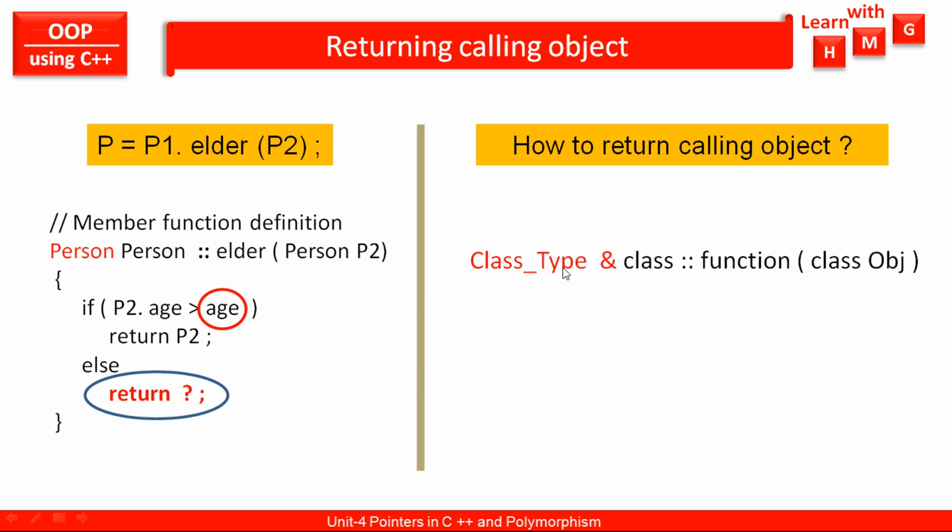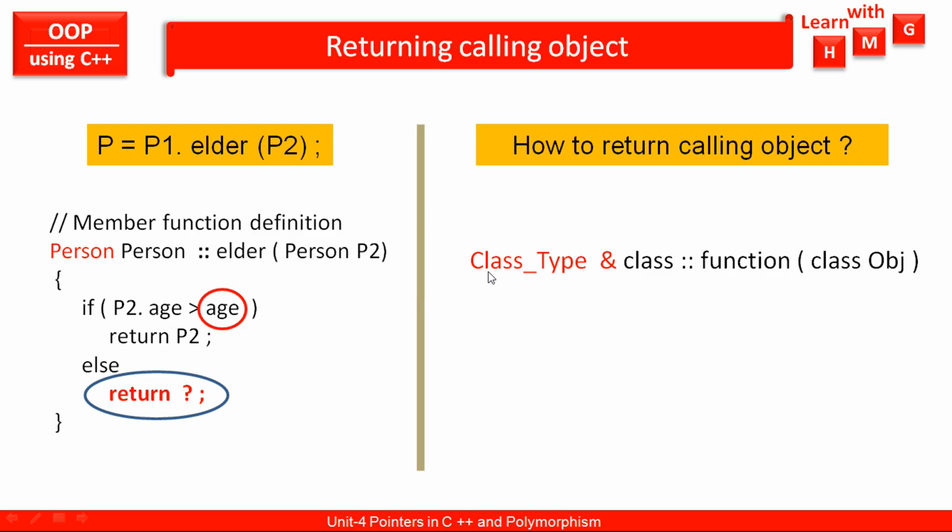Then this is the return type, which says that this function is going to return an object of this class type. In between there is an address operator. Class type with address means this function is going to return an address. Address of what? Address of an object. That's why the address operator ampersand indicates the function is returning the address of an object of the type class.